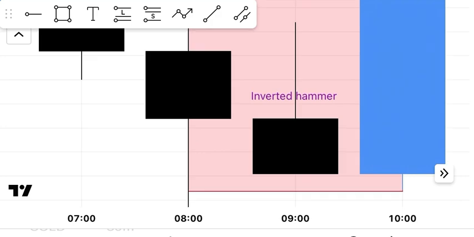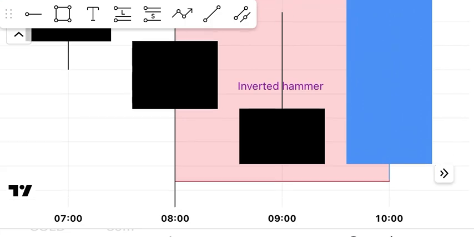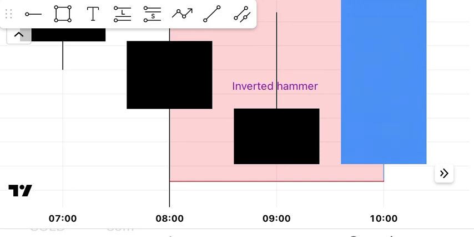Basically, inverted hammer is the opposite of the hammer, facing down, and the longer wick is at the top of the body. What it is telling you: buyers tried to pump price, but sellers stepped in and pushed it back down, but it closed near the low, so buyers still show up. It is a potential bullish reversal at the bottom.